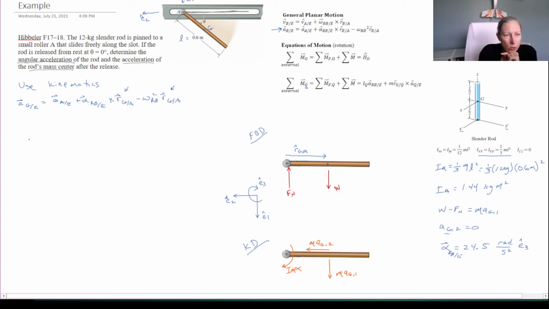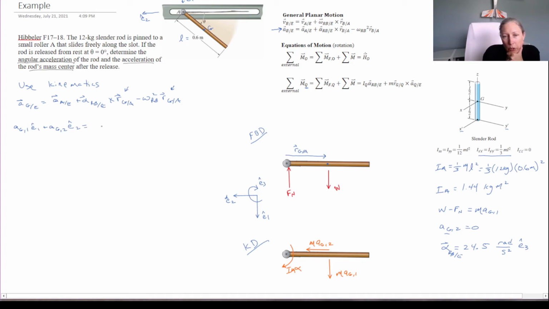All right, so what else can we do here? So let's see what we can fill in. And I'm going to do something else. So remember before I expanded that acceleration of A as seen from E, I'm going to do the same thing here. So I'm going to call this the acceleration of G in the E1 direction, E1, plus the acceleration in the E2 direction times E2.